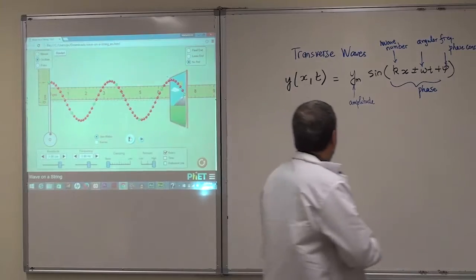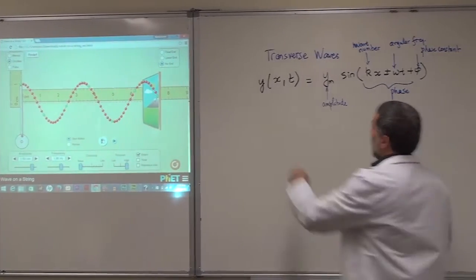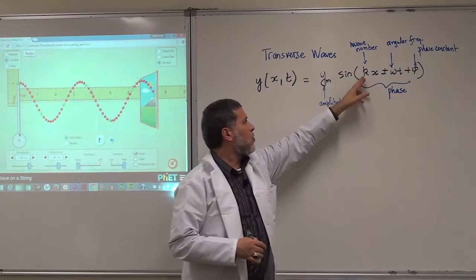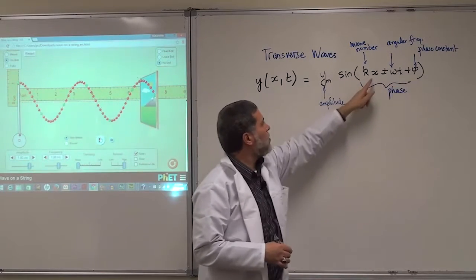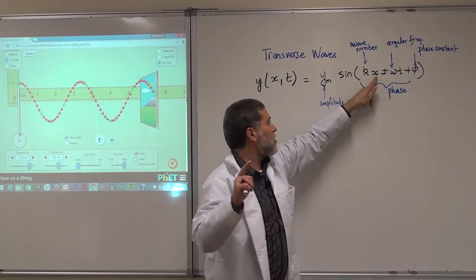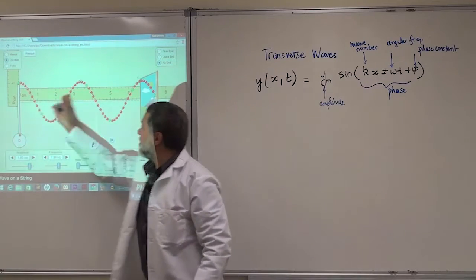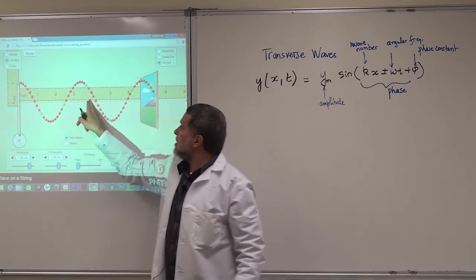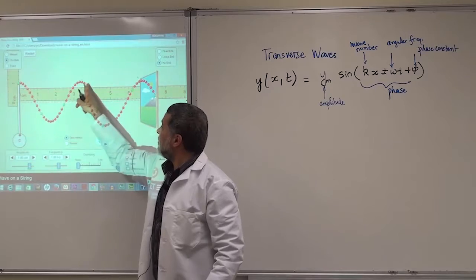Now, to find a number for y here, we need to know k, omega, phi, and ym, and then we need to put in x. The position x will define the particle itself. If we are looking for this particle here, we put in this value of x, and then we will define this particle.